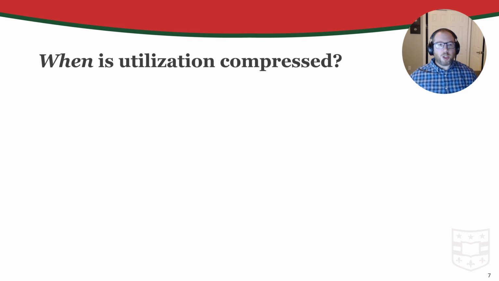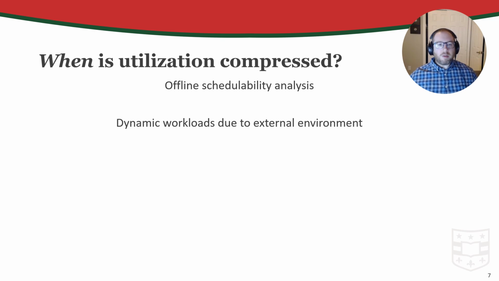Next, we need to consider when utilization might need to be compressed. First, of course, is during offline schedulability analysis. If the task system cannot be scheduled on the target platform, then utilizations can be decreased before the system is deployed. However, there are several scenarios where compression needs to happen online.